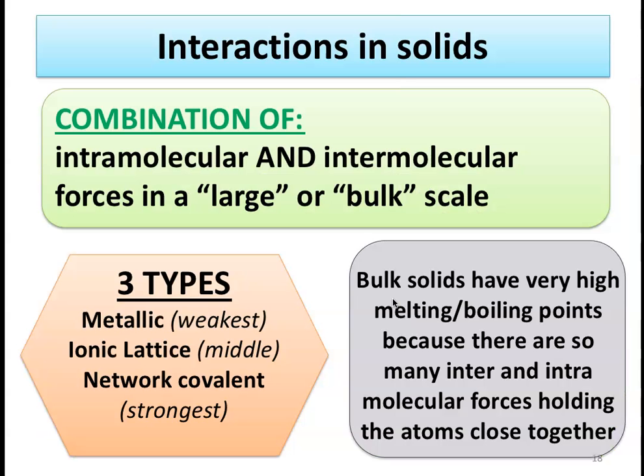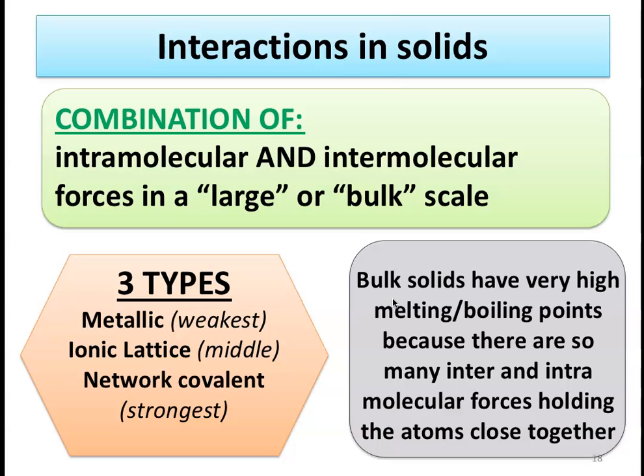All right, another type of bond, if you will, deals with bulk solids. The interaction of solids ends up being a combination of intra and intermolecular forces when you deal with, again, a large or bulk scale of things.